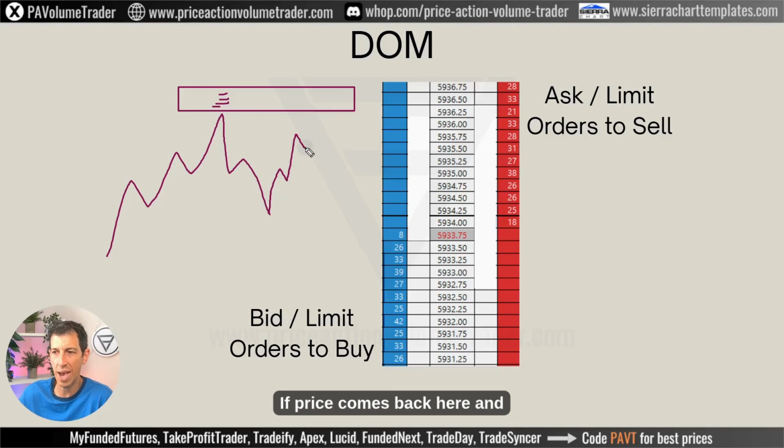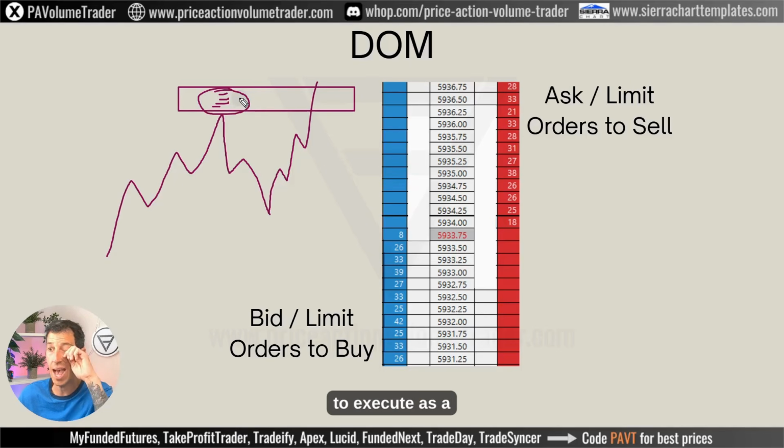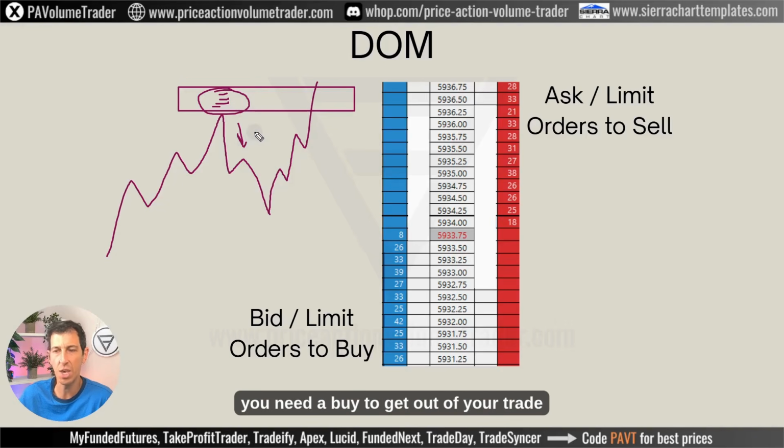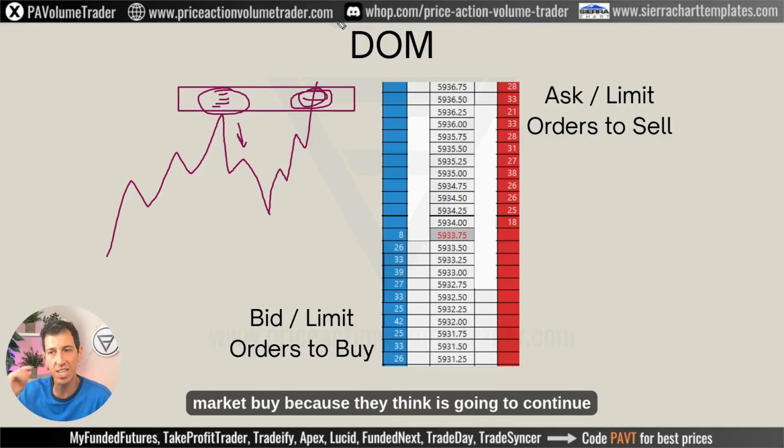If price comes back here and pokes here, all these stop loss protections are going to execute as a market buy, because if you're selling, you need a buy to get out of your trade. So all this market buy is getting executed on these stop loss orders, plus all the aggressive breakout traders that are hitting the market buy because they think it's going to continue.